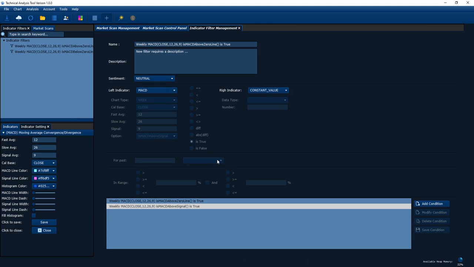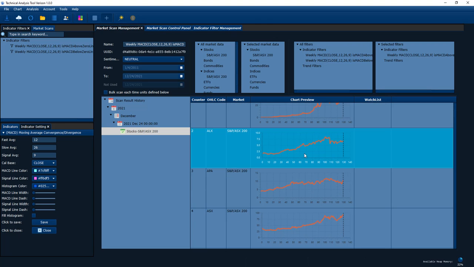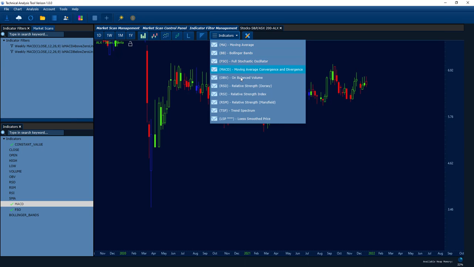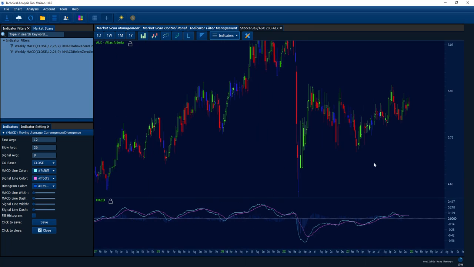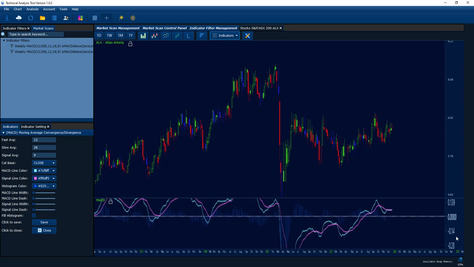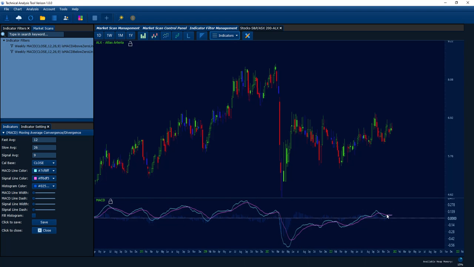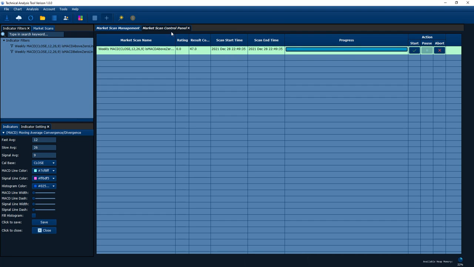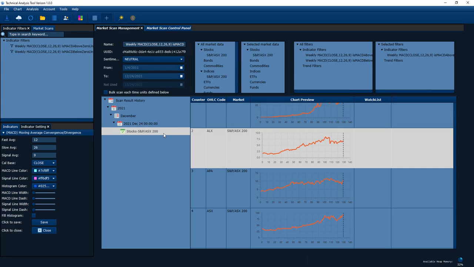Let's take a look at the last one, ARX. Okay, so this one is maybe not as obvious as the previous one, but again the light blue and signal line are above the zero, and the light blue one, the MACD line, is above the pink one. Okay, so I'm going to stop showing more because they're pretty much the same.